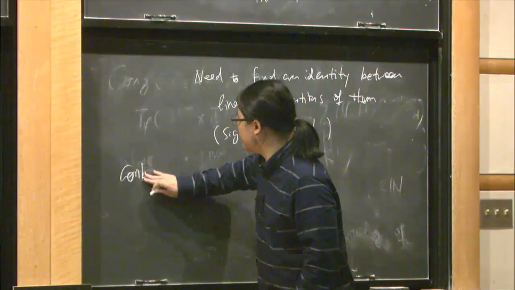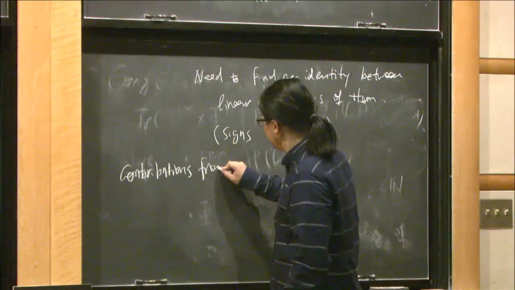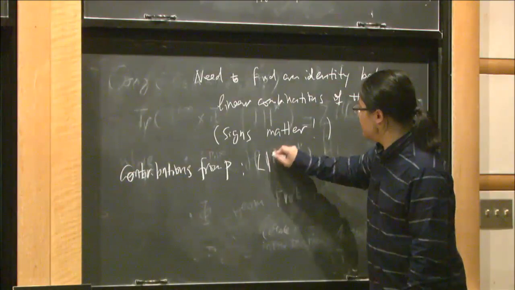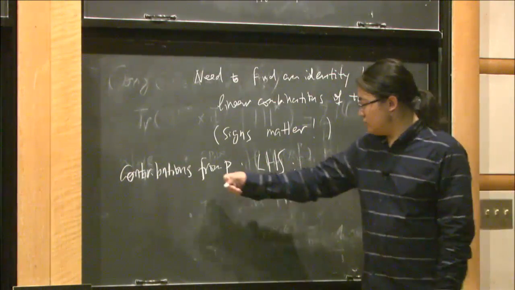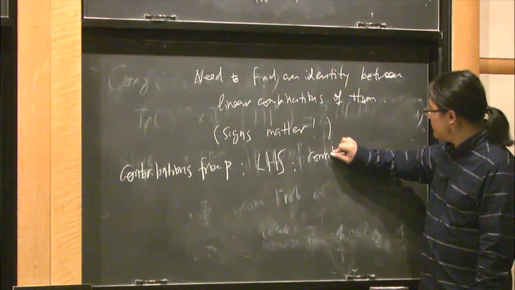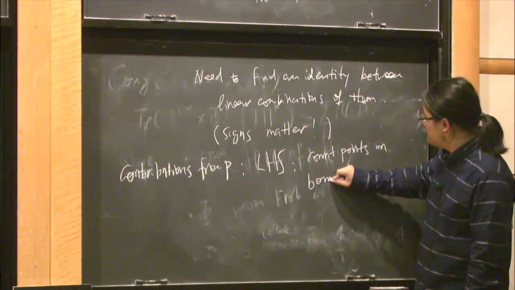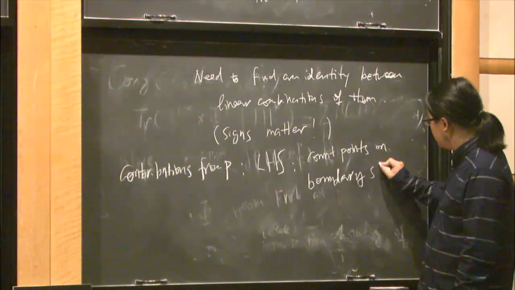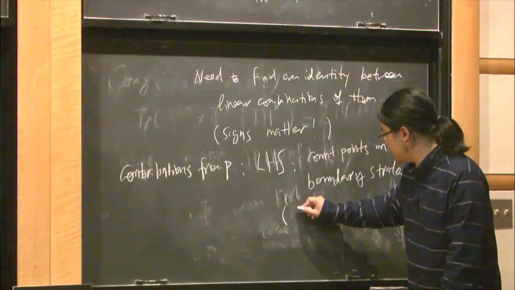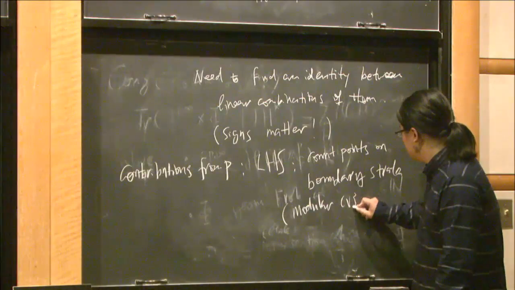And we also have contributions from p. So for the left-hand side, basically the contribution from p does something like counting points on the boundary strata of the Baily-Borel compactification. So in the case of orthogonal Shimura varieties, these are just modular curves and points.